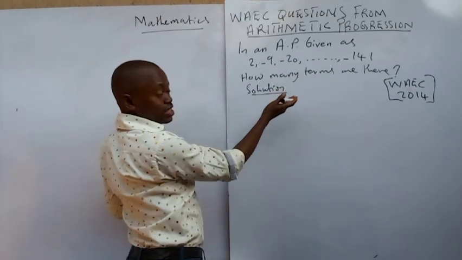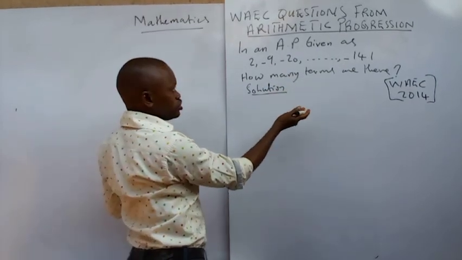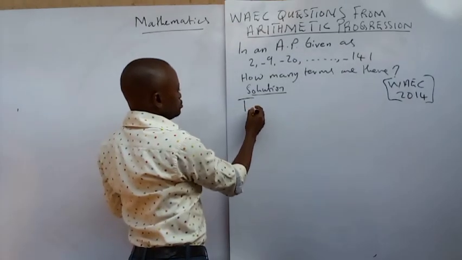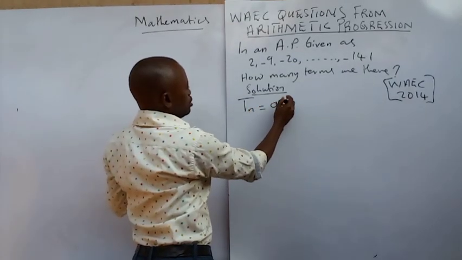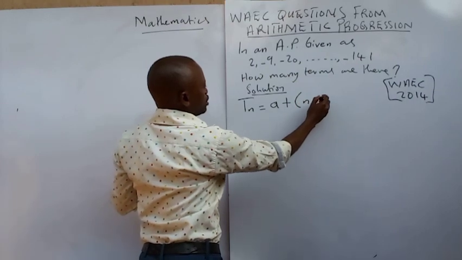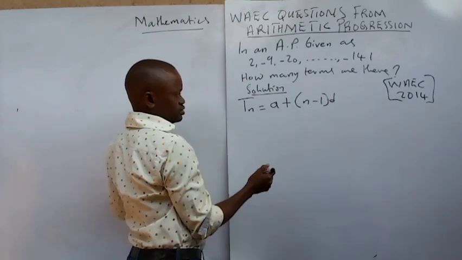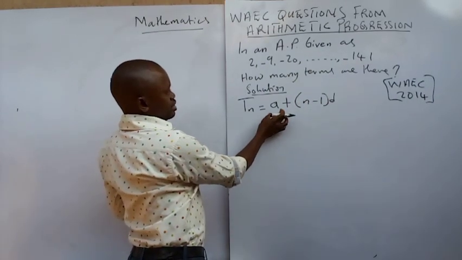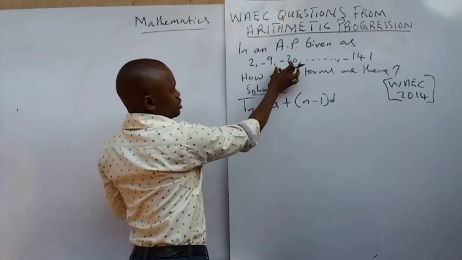and you write the mathematical expression for an arithmetic progression, which is Tn equals a plus bracket n minus 1, then the common difference. You can extract all these values from here.